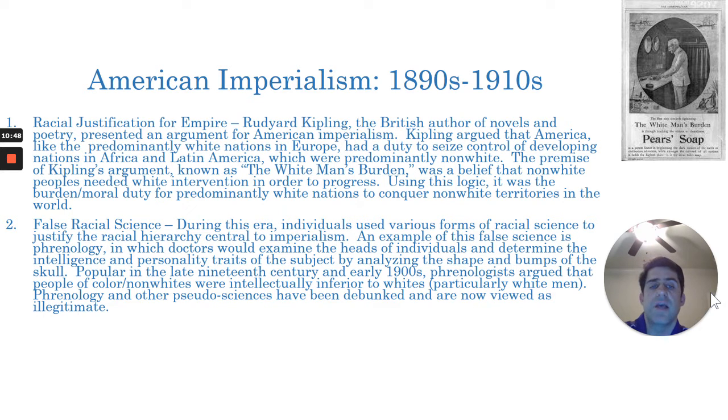One prominent example of this type of false racial science is phrenology. You may or may not have heard of it because it hasn't been considered a legitimate science in probably 80 to 100 years or so. But it is a type of pseudoscience in which the phrenologists, the doctors within that field, would examine the heads of individuals.